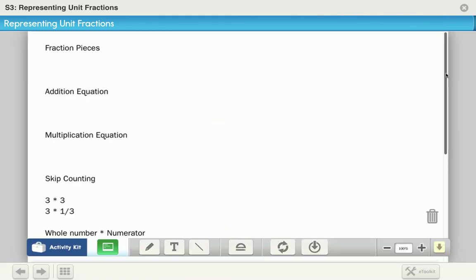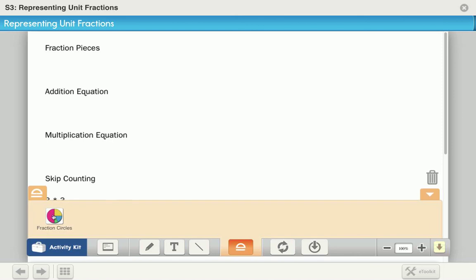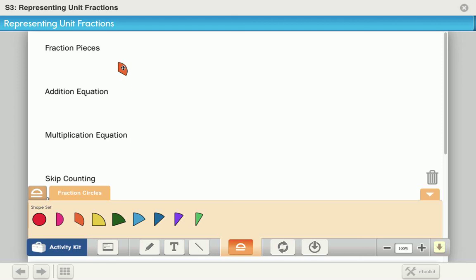Okay, so again, we could use our fraction pieces if we wanted to show this. So we're going to use 1/3 cup of milk, and she's doing 2 smoothies. So each one of these is a third. You could put them together if you wanted to show what it looks like together.